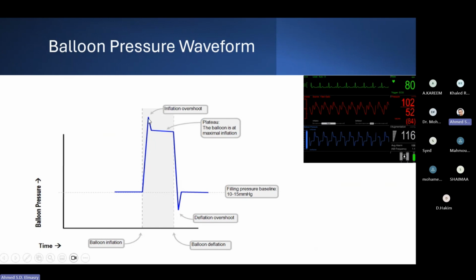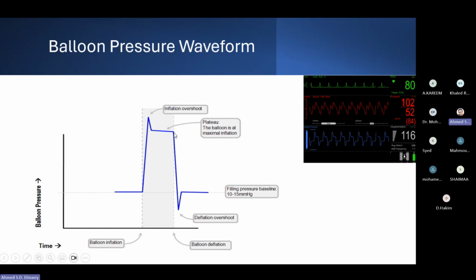What is the difference between this one and this one? When the balloon starts the inflation, there is a pressure inside the balloon, and there is also pressure inside the aorta, and those forces are opposing each other, and at the end you will reach a state of equilibrium, which is demonstrated by the plateau.